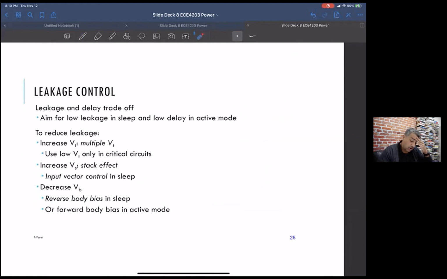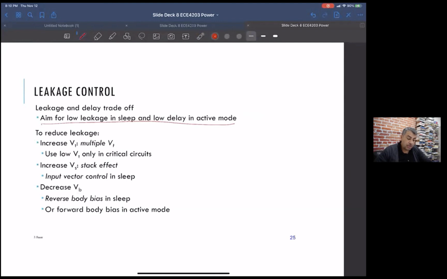Okay, so these are all the rules, a summary of everything we talked about for controlling your leakage current when things are off. I guess this is motherhood and apple pie: low leakage in sleep, and low delay in active mode. Thank you very much. That's pretty obvious.